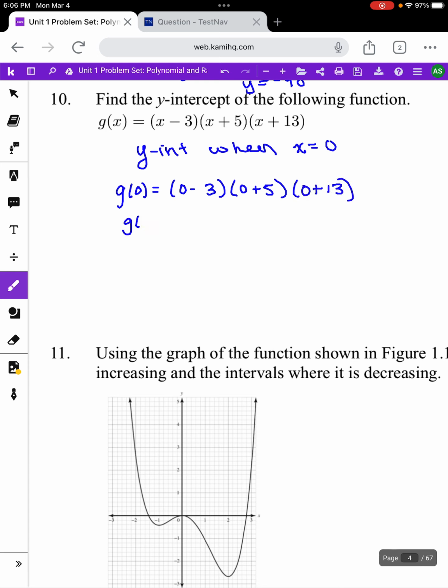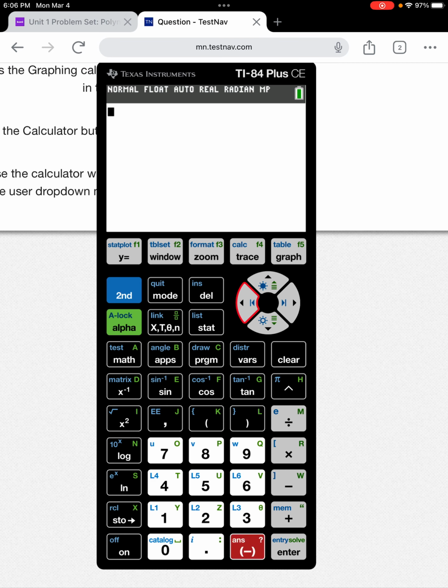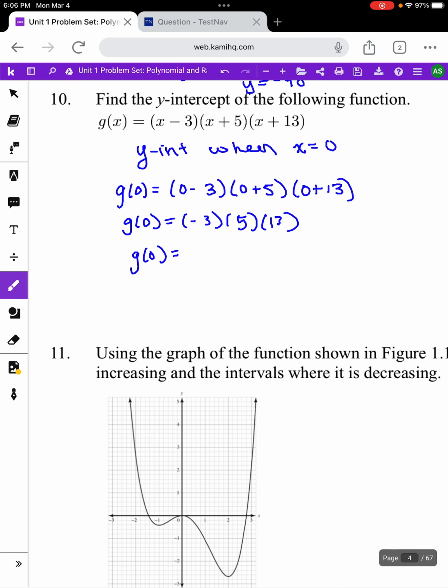And so I end up with the numbers -3, 5, and 13. And I multiply those together. So g of 0 equals, now I gotta put it in the calculator. All right, -3 times 5 times 13, -195. So our y-intercept is (0, -195).